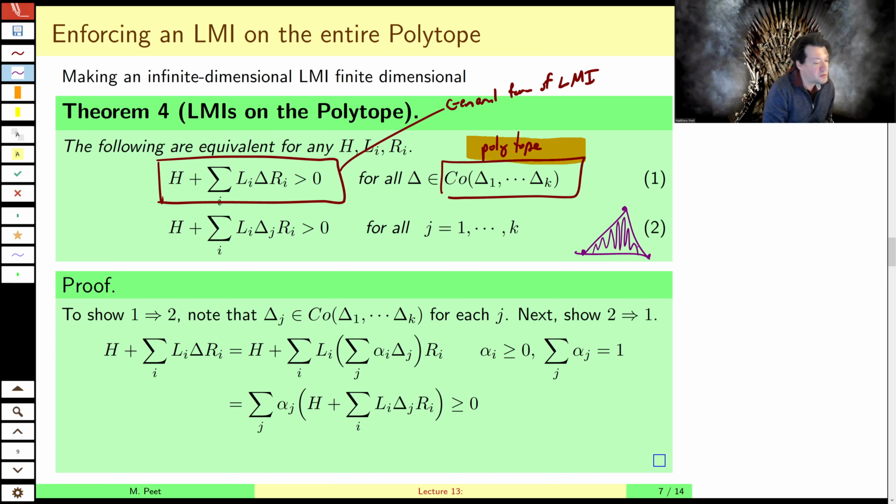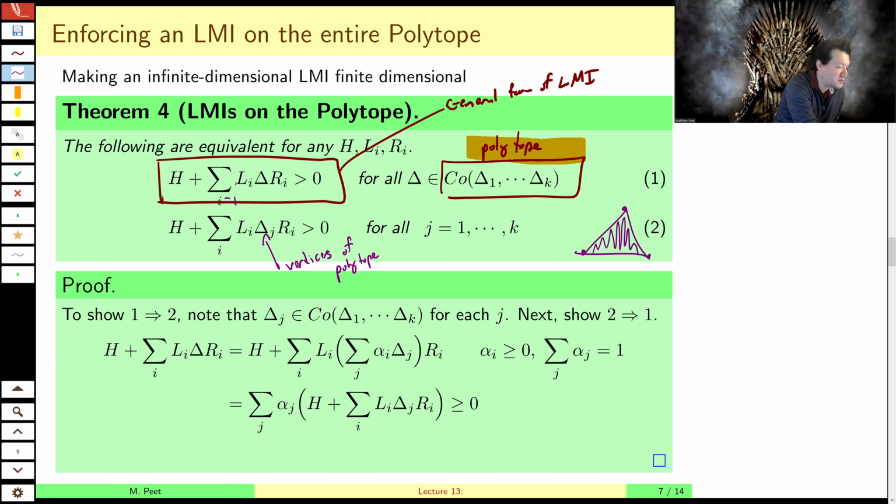So what this theorem tells us is that this LMI is feasible if and only if the LMI holds at the vertices of the polytope. Notice the sum here, which just allows us to put a bunch of terms in here.